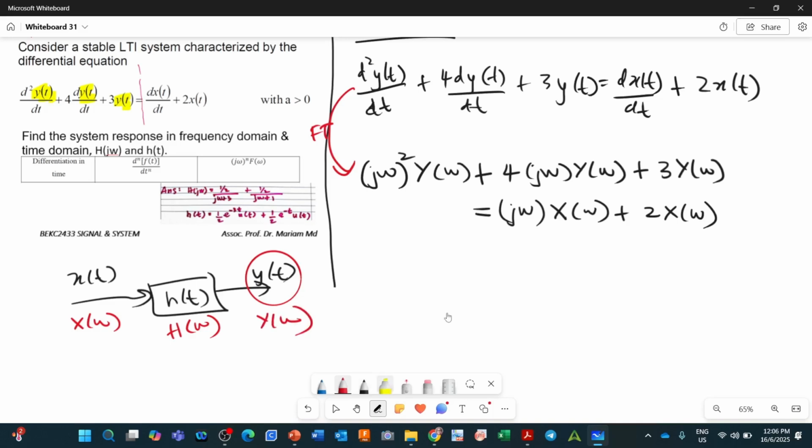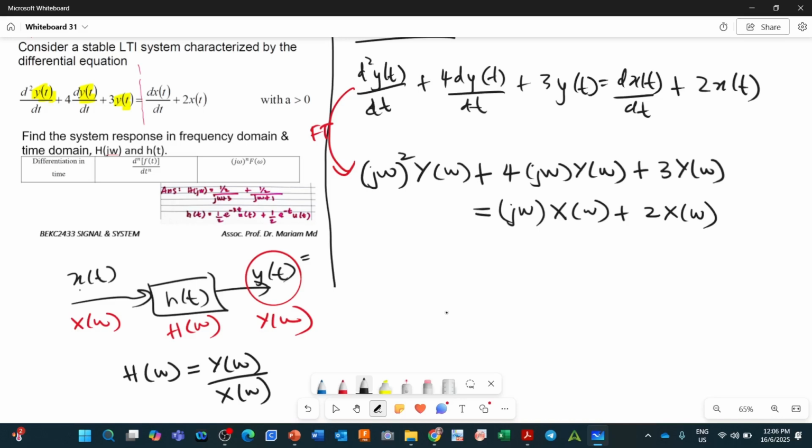So what's the equation for H omega? H omega is equivalent to Y omega over X omega. This one no need to memorize. Just draw the block diagram, write out all the symbols y(t), x(t), h(t), then get the equation y(t) equals h(t) multiplied by x(t). Then you can find H omega. Don't need to memorize it.